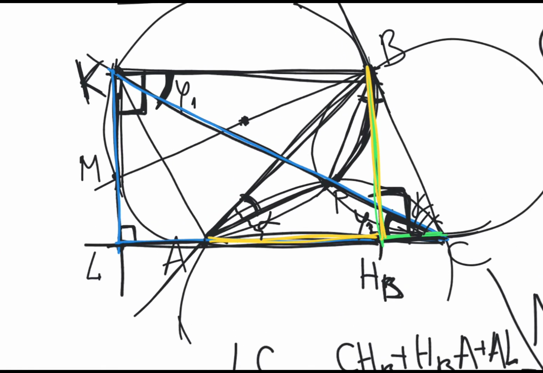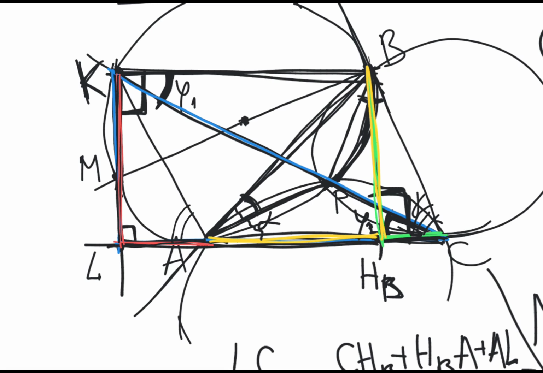So this is this triangle, right? AL, I highlighted it with red on the picture. So AL over KL is the cotangent of this angle.